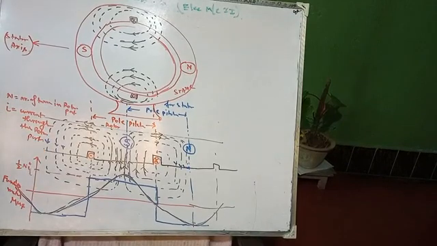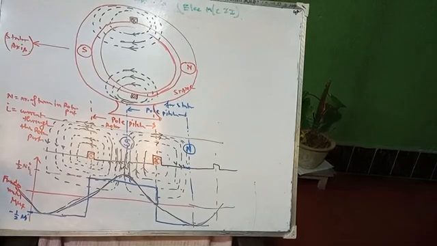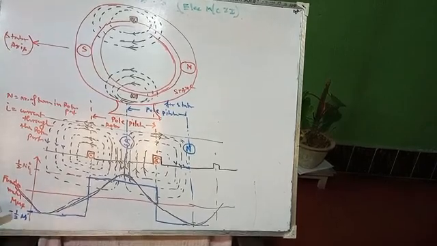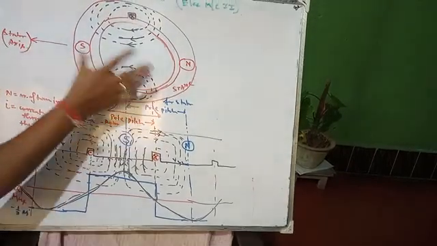So this is half into NI, and similarly the negative part is minus half into NI. Okay, so this is the distribution of MMF in this AC winding machine.